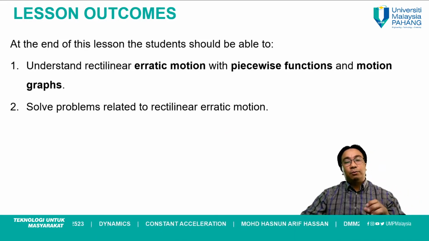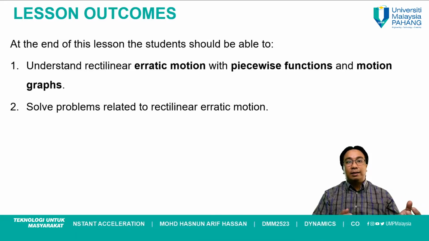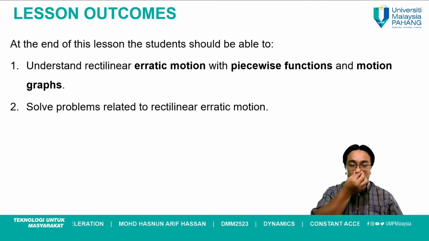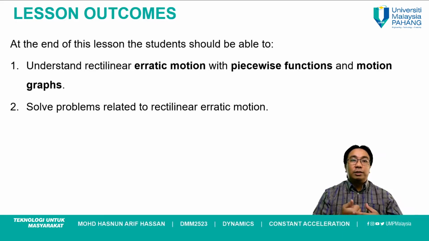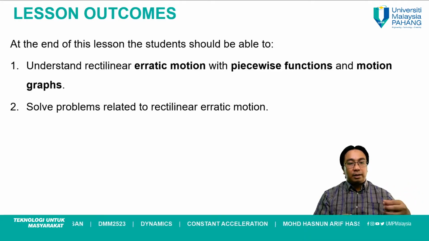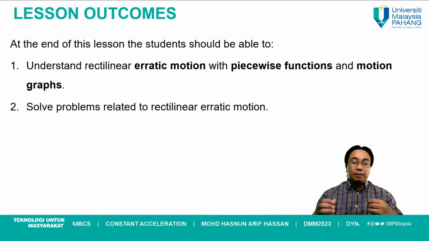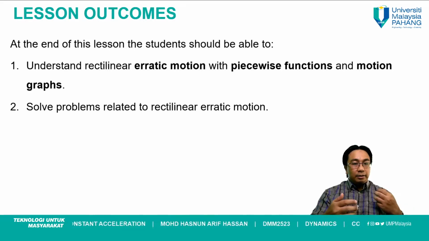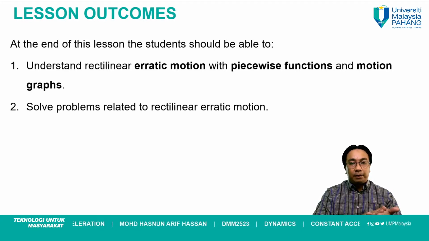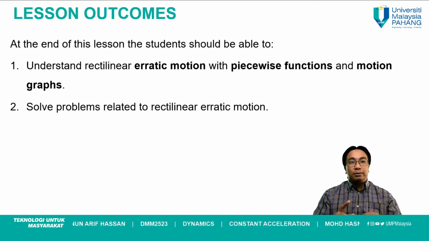Let me explain the difference between continuous and erratic motion. In the previous lecture, we talked about continuous motion. Continuous motion means that throughout the motion, say an object moves from point A to point B, the equation for velocity or acceleration is explained by just one equation.